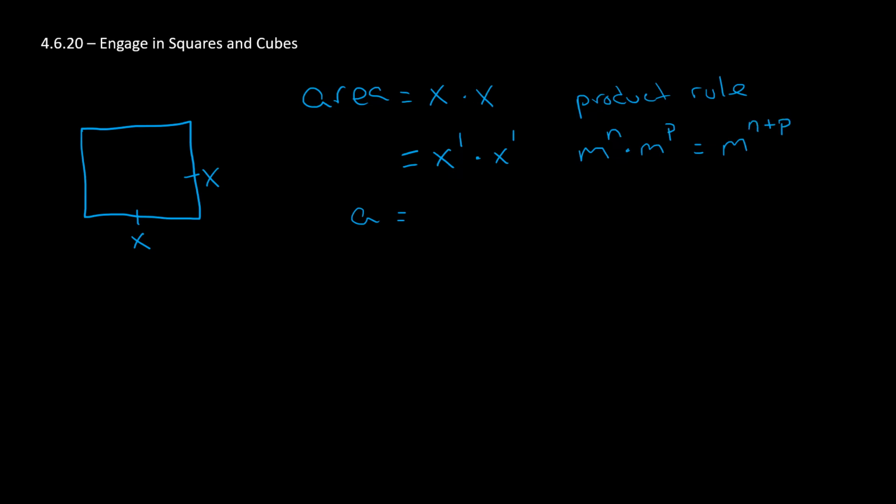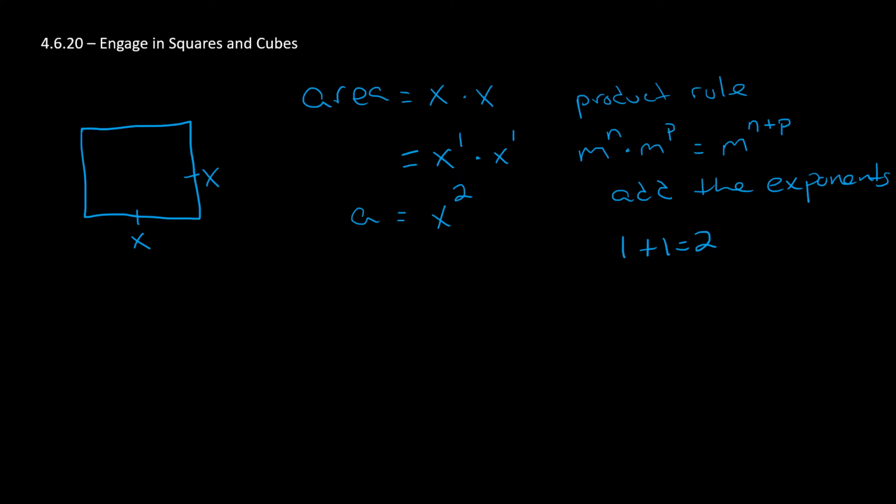In other words, we need to add the exponents. So we're going to have 1 plus 1, which would equal 2. So we get x squared.